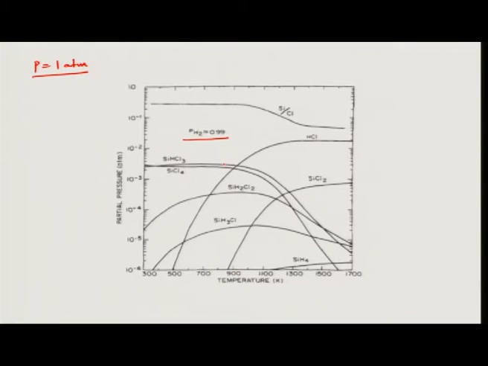What we also know is the chlorine to hydrogen ratio, because we have silicon tetrachloride coming into my reactor, so SiCl4 and hydrogen are the two inputs to the reactor.